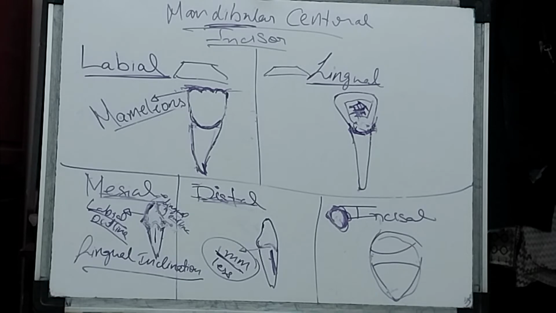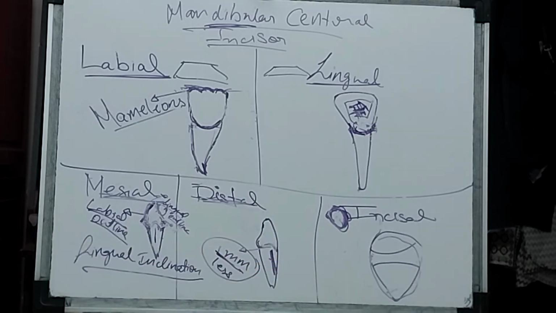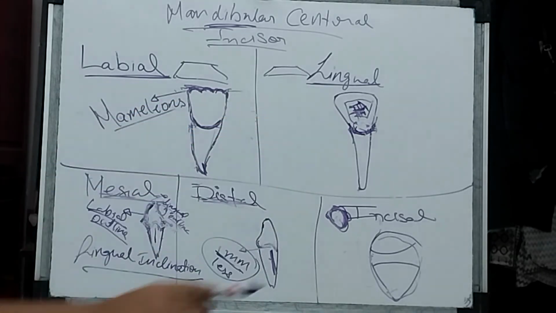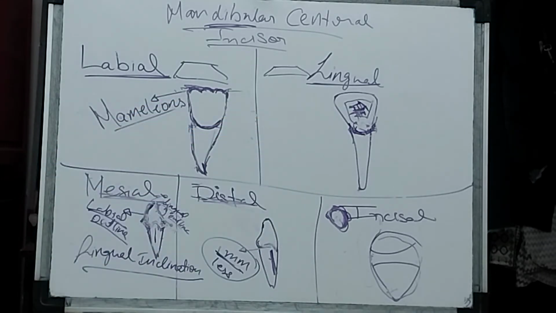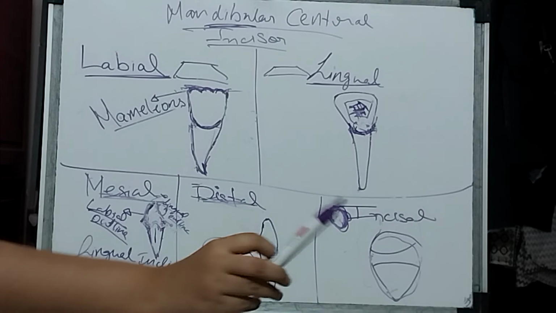Coming on to this one, the mesial and distal halves, both are equal. Why? Because we saw over here, both are symmetrical. All the features are symmetrical, they make it equal. So both the halves of the crown are equal from this aspect. And the labial aspect is greater than the lingual aspect.